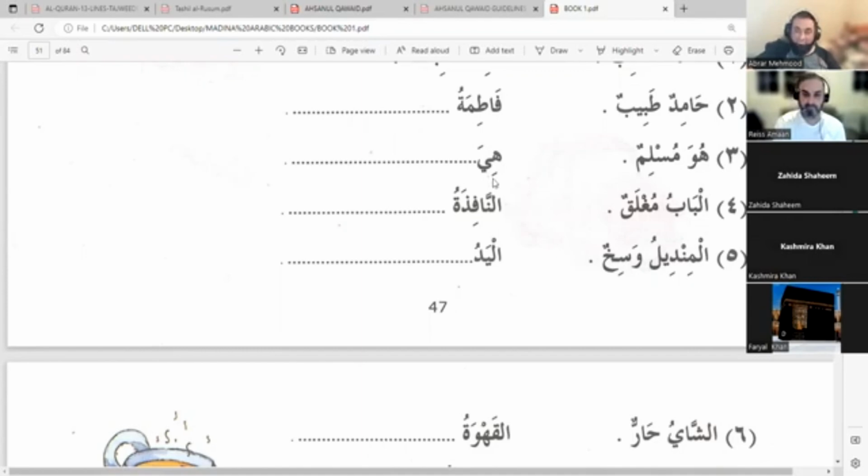Muslimatun. Yes. Muslimat would be plural, but we will discuss this inshallah later on in the book. When we say Muslim and when we say Musliman, the plural alif and nun comes.